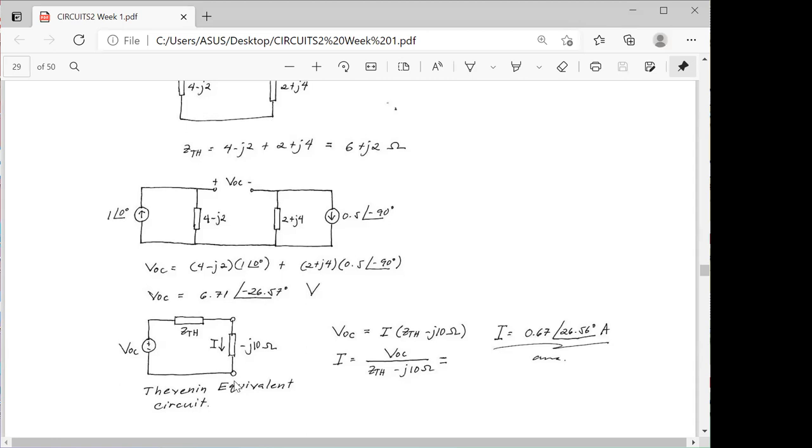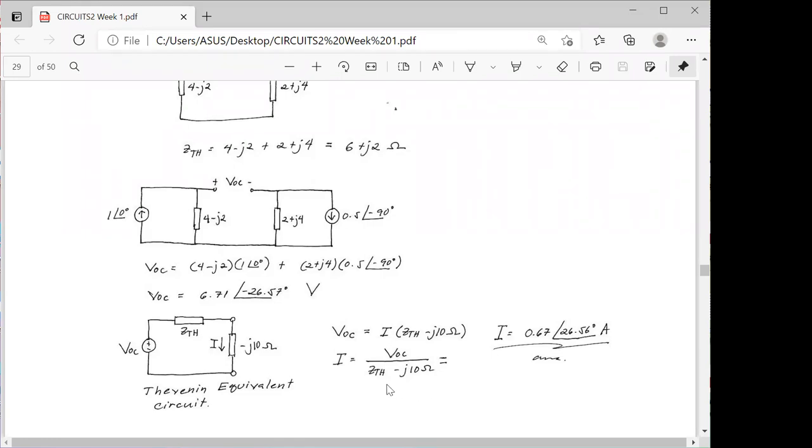So from this open terminal, we can now connect our negative J10 here. Again, try to consider this equivalent circuit. The direction of the current in our negative J10 is downward because of the polarity of our VOC. So following KVL or using Ohm's law, our current I through this negative J10 is equal to VOC over the sum of ZTH and this load, negative J10 ohm.